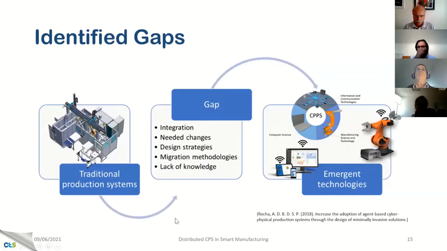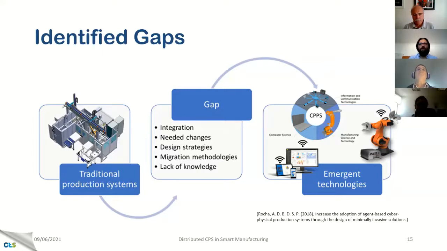Based on this review, we realized that in order to increase the adoption of these approaches, it is necessary to reduce the integration effort. It's necessary to design strategies and methodologies that will help in this integration.